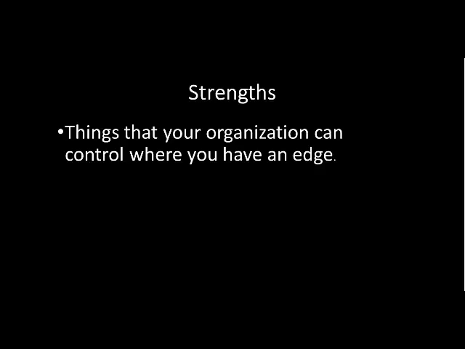It's an internal set of options that you can influence within your organization. Weaknesses, again, are an internal situation that your company is able to control in order to affect the outcomes.